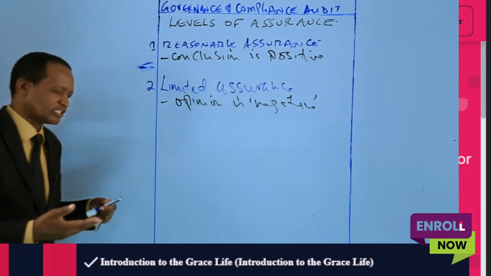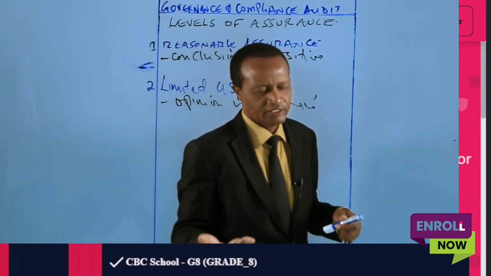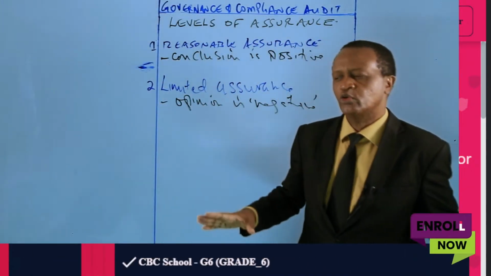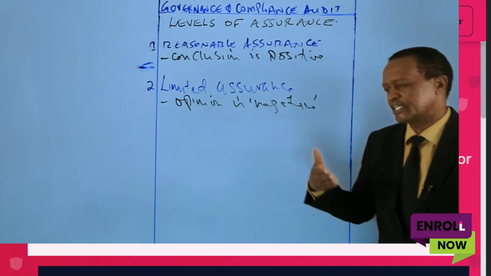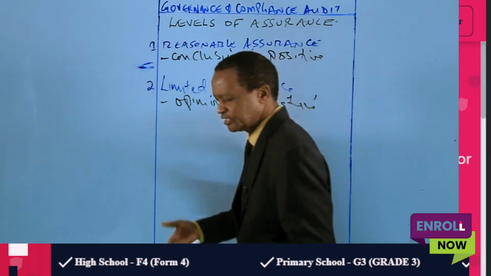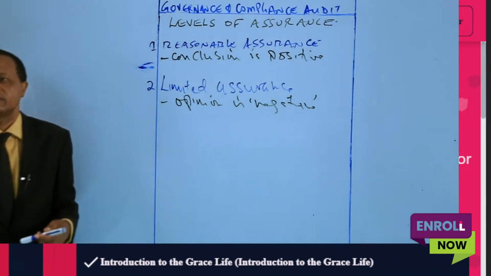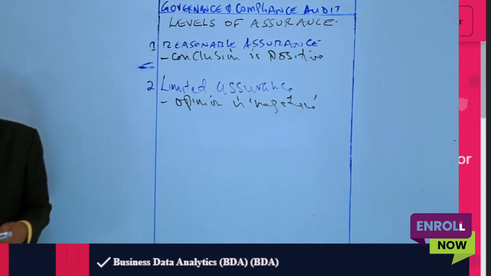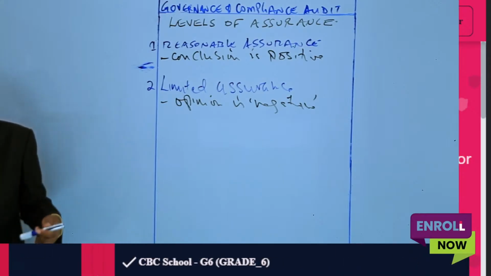And here the auditors often rely on inquiries. Okay? They do not carry out substantive procedures. They rely on inquiries, on just interviewing the personnel, carrying out analytical reviews, and so on.